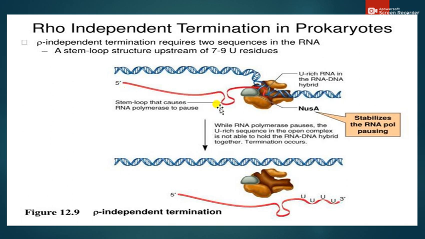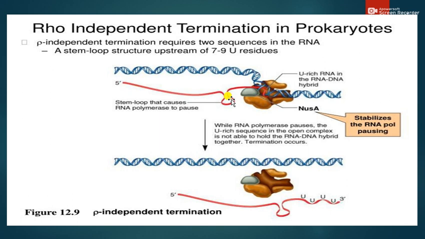An RNA molecule is being formed, and a stem loop structure will be formed upstream of 7 to 9 uridine residues. So when the polymerase reaches such loop-like structures, the RNA polymerase will get paused or stopped for some time.